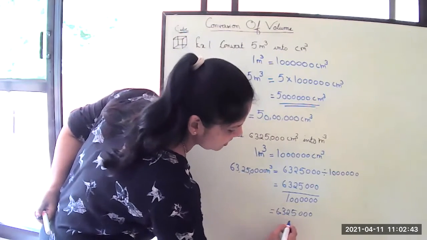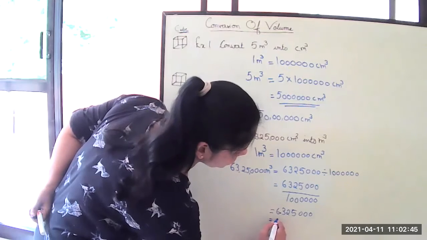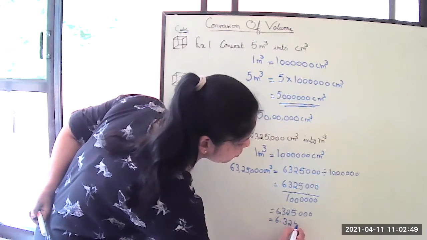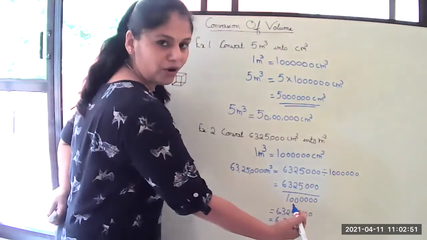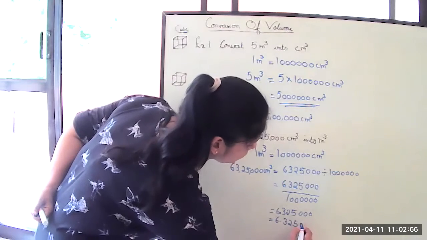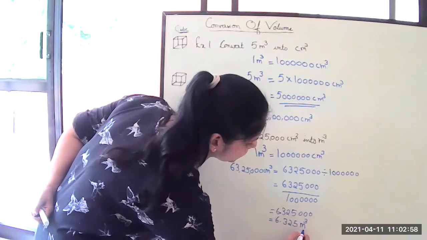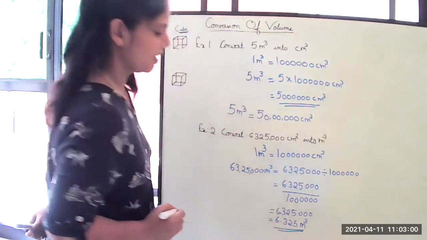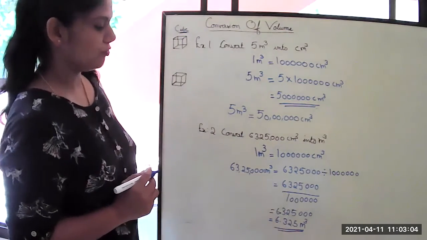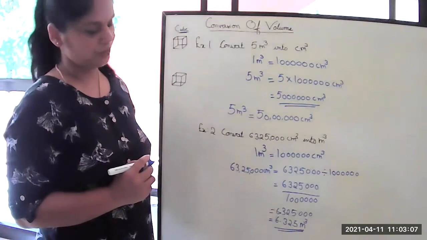So you will get it as 6.325. You can omit these 3 zeros and you can write it as meter cube. So your answer is 6.325 meter cube.